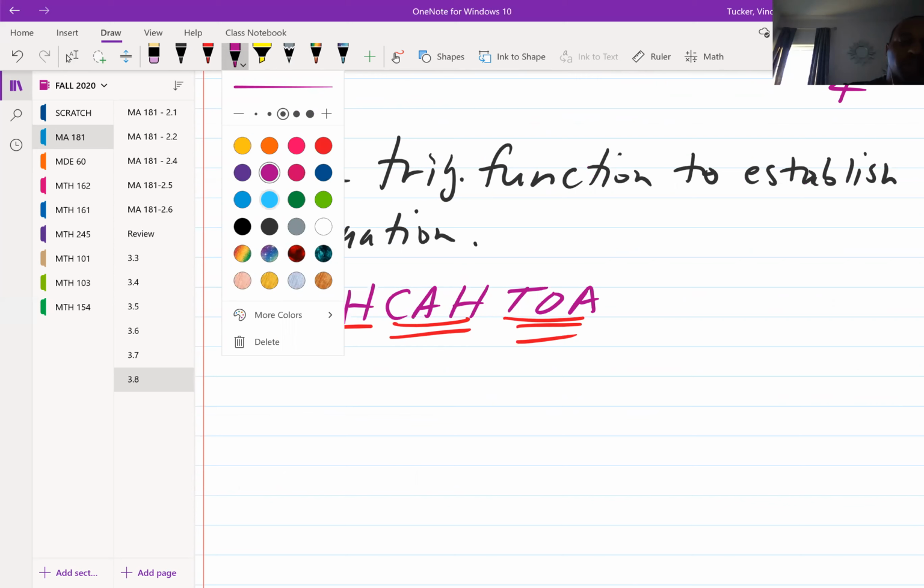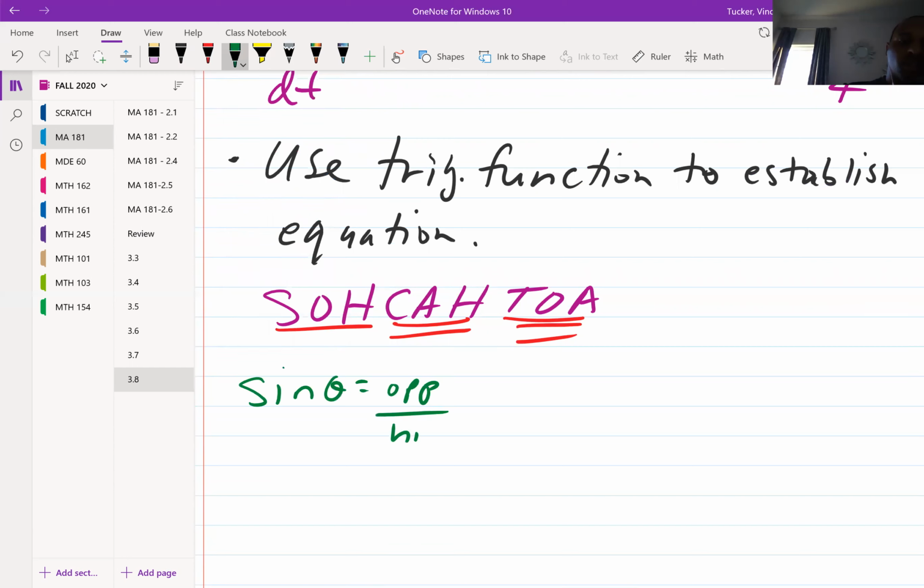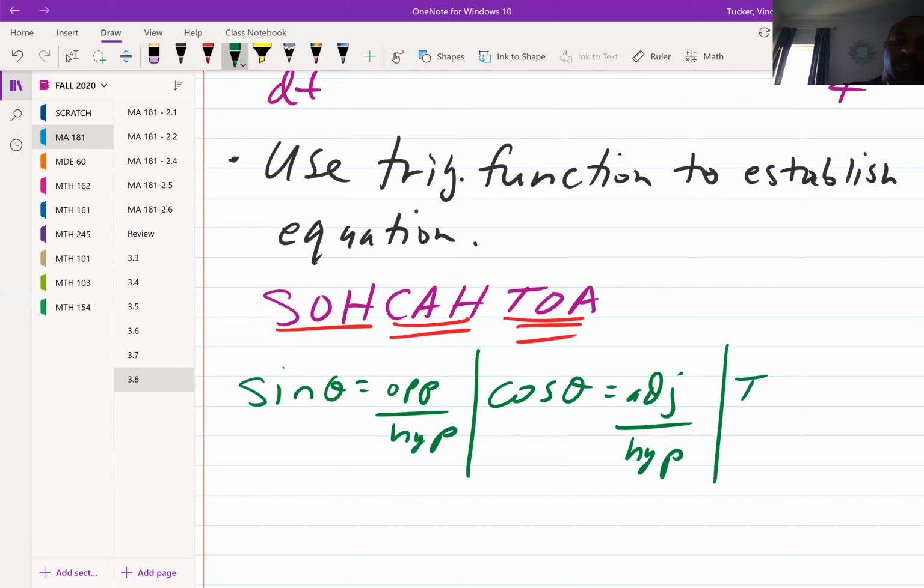Sine theta is equal to opposite over hypotenuse. Cosine theta is adjacent over hypotenuse. And then tan theta is opposite over adjacent. So SOHCAHTOA.